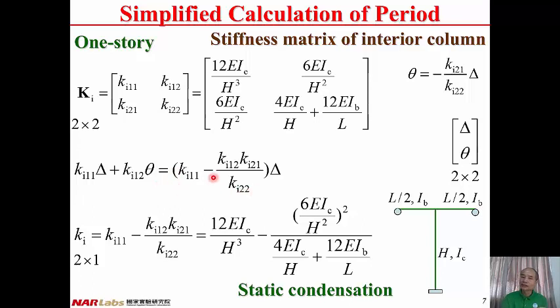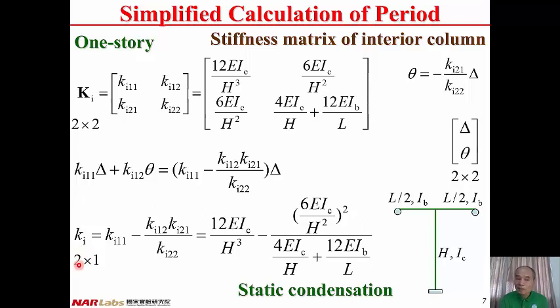And after the substitution, we can have this equation, Ki11 minus Ki12 times Ki21 divided by Ki22, times delta. Therefore, the restoring force depends on delta only. And we consider this coefficient as Ki. I means the interior column, K is the stiffness.